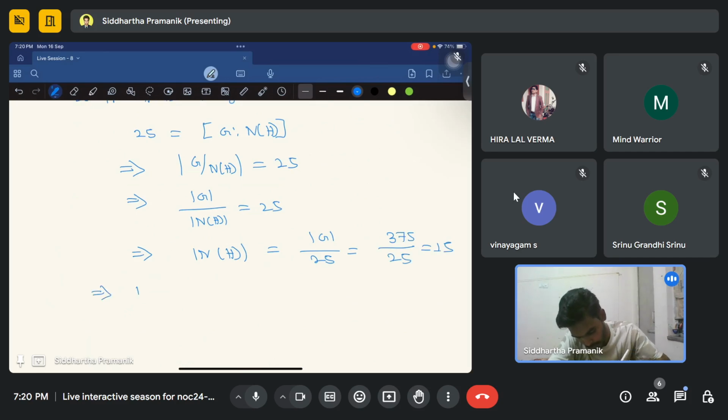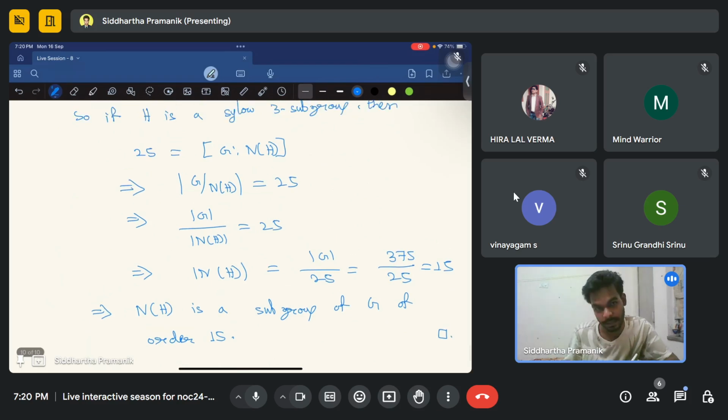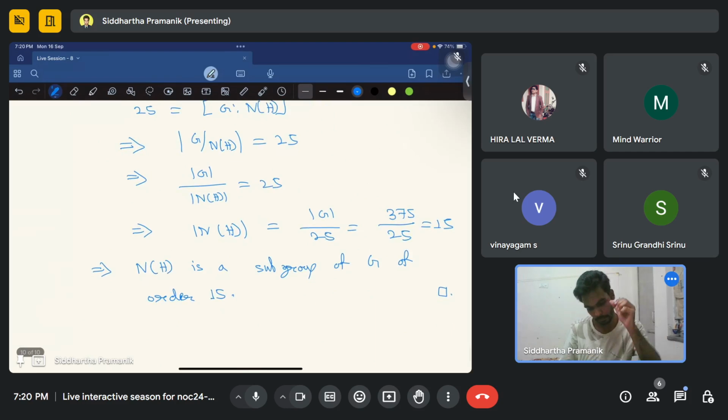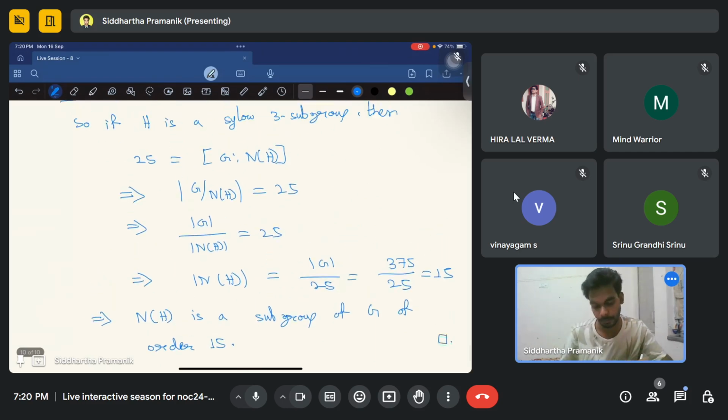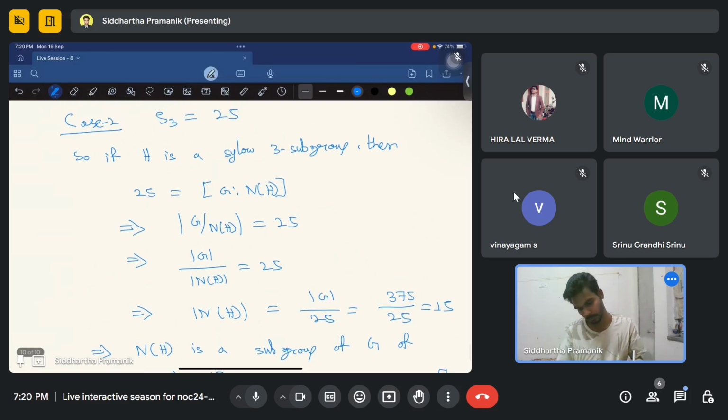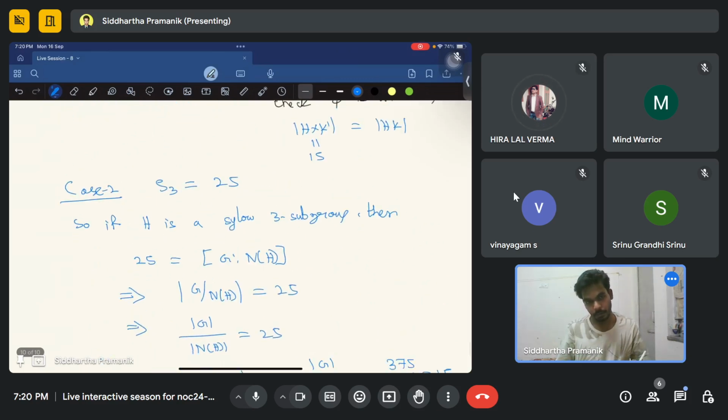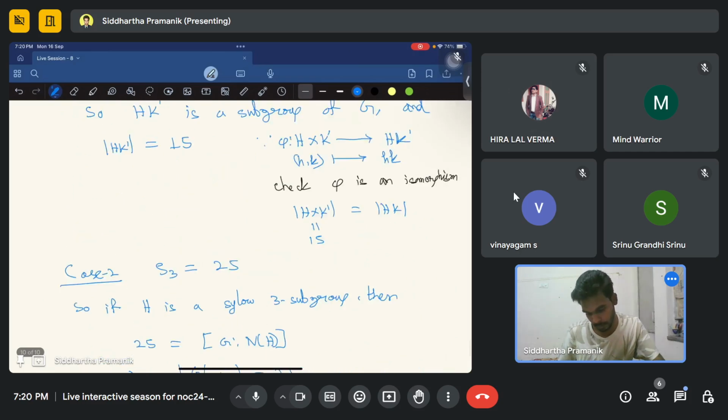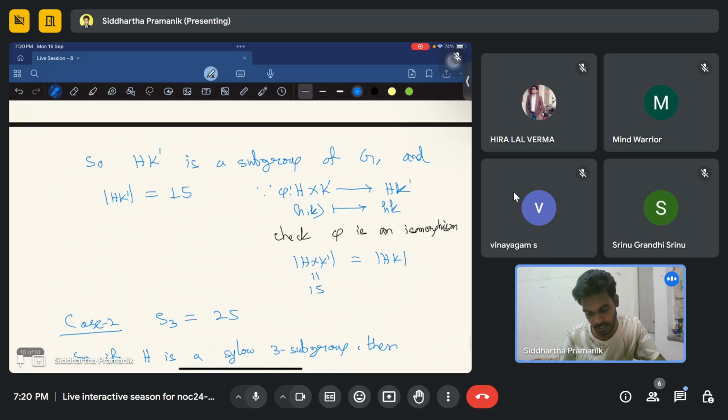So this implies NH is a subgroup of G of order 15. So in this case also we have a subgroup of order 15. Is it okay? Yes. So if you have any doubt in any step, you can ask.